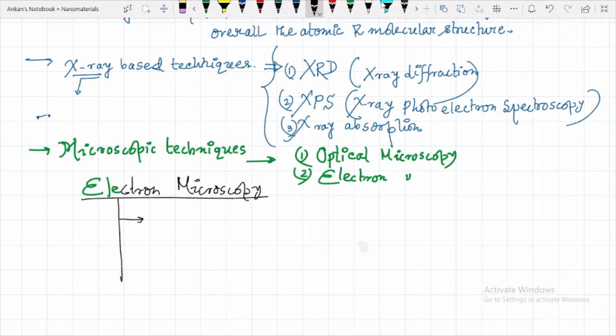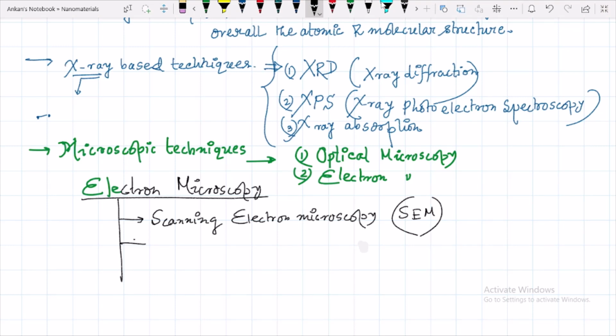First, scanning electron microscopy, in short known as SEM. Next, transmission electron microscopy, in short known as TEM.